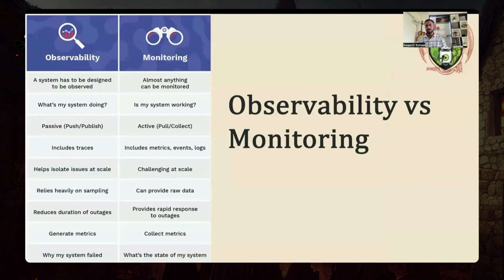I'll talk about the basic differences, and I also have one interesting finding here. Observability means you need to make your system observable, and then it becomes monitorable. In observability, you will see what my system is doing. In monitoring, is my system working or not?